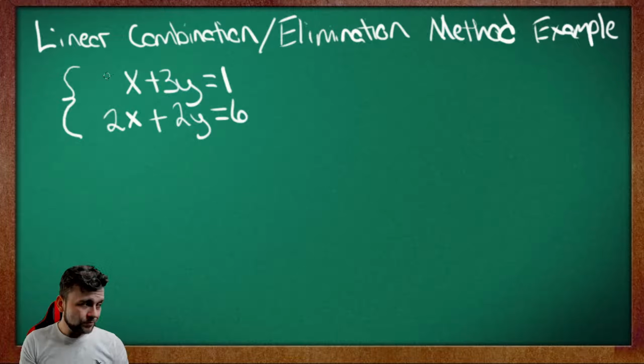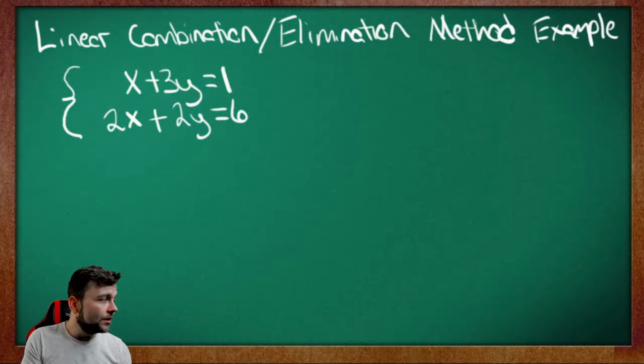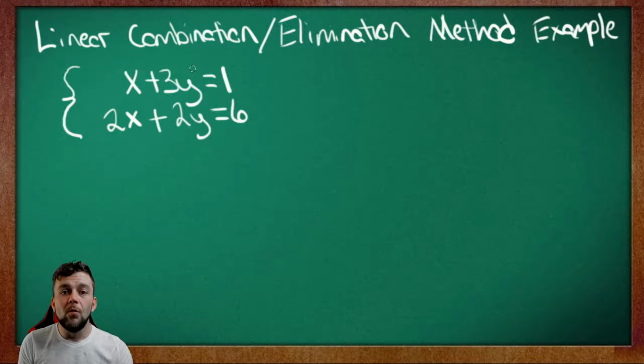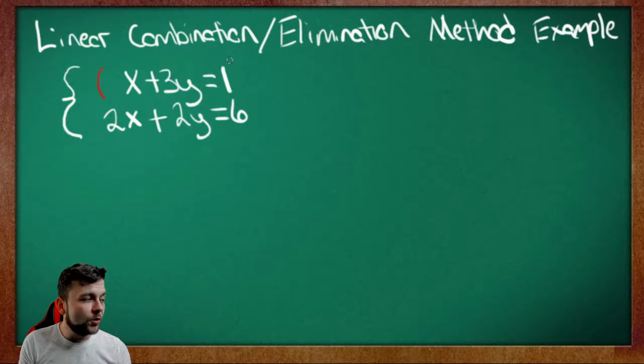Because we want to multiply one of these equations by a constant to eliminate one of the variables. So I'm going to put this whole thing into parentheses and put a -2 here. What happens when we distribute our -2 through the parentheses?